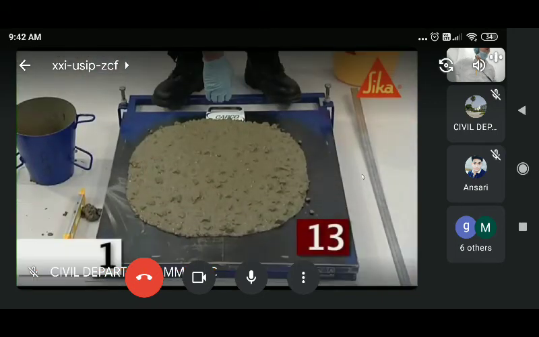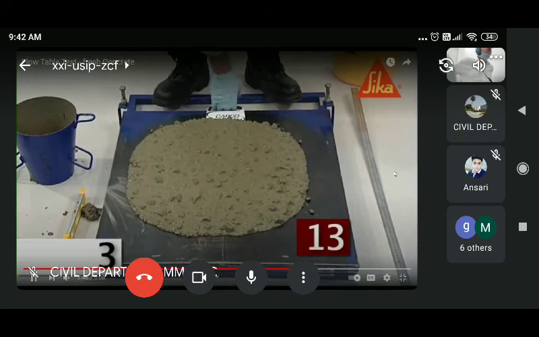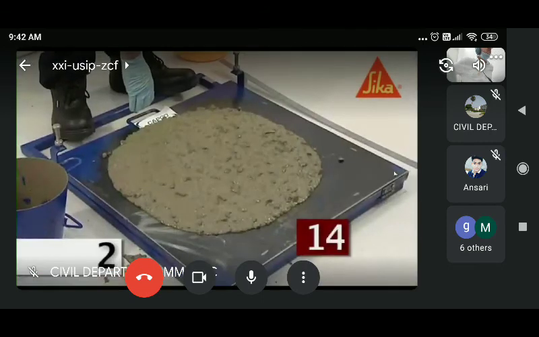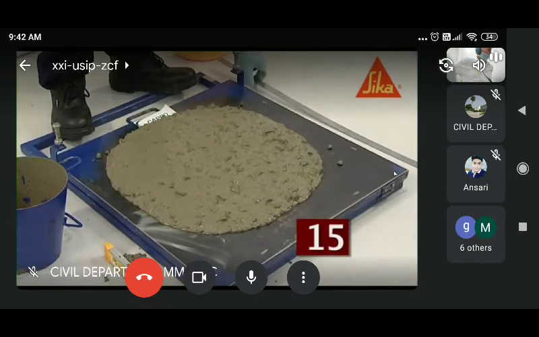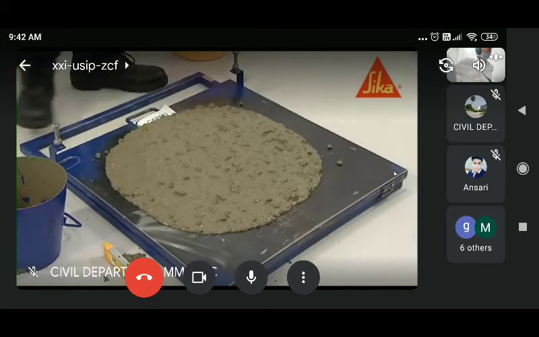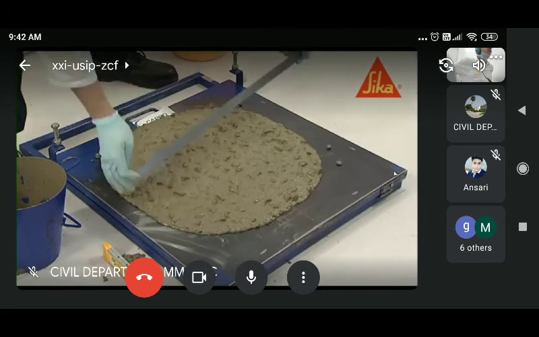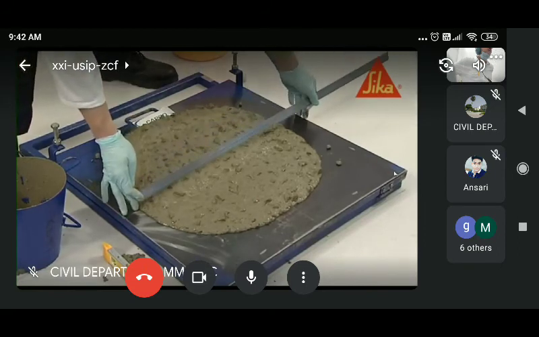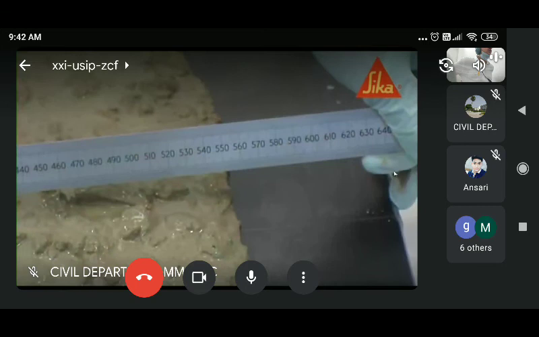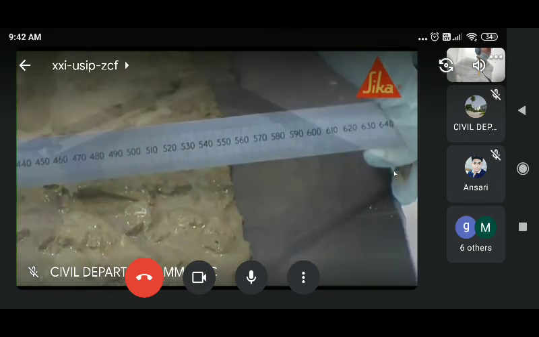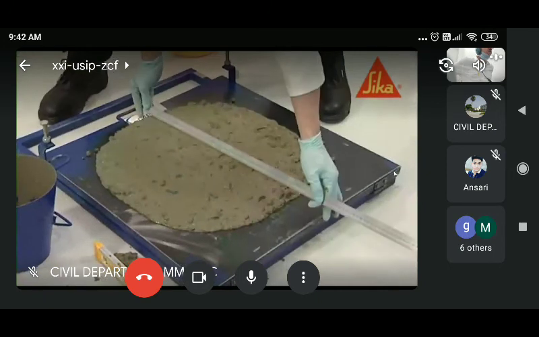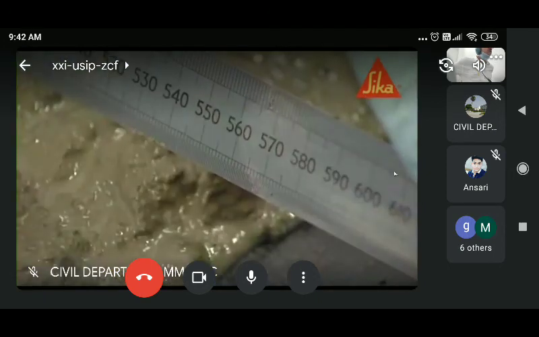So a total of 15 drops we are doing so that the total flow will occur, and then we measure with the scale in two dimensions, in the perpendicular direction. We have to record the two measurements, and the average of the two measurements will give us the flow of your concrete.